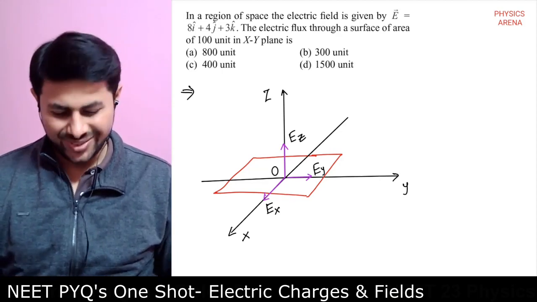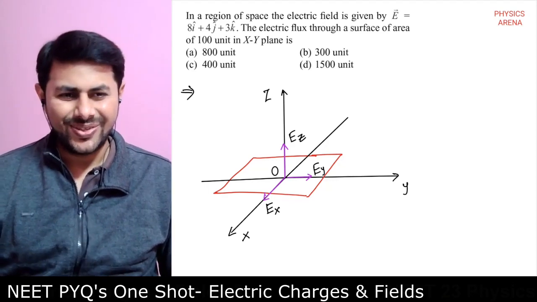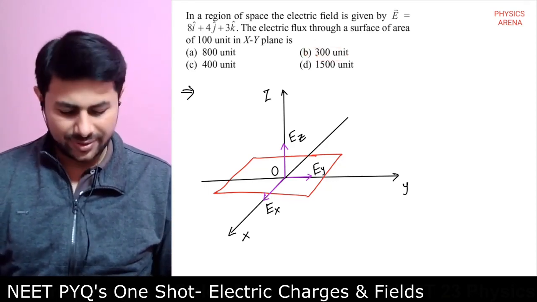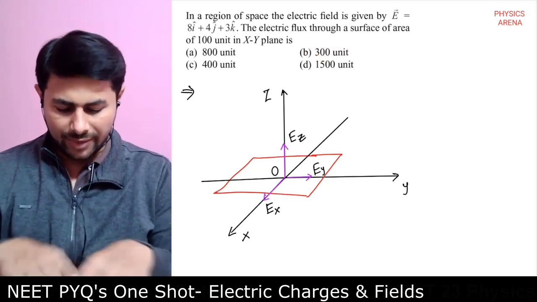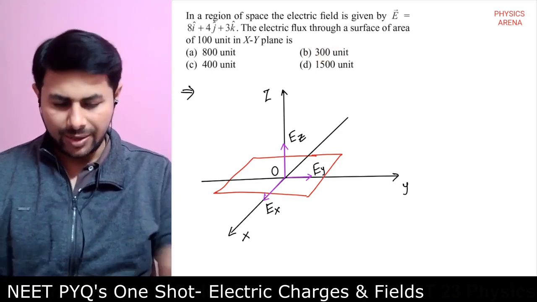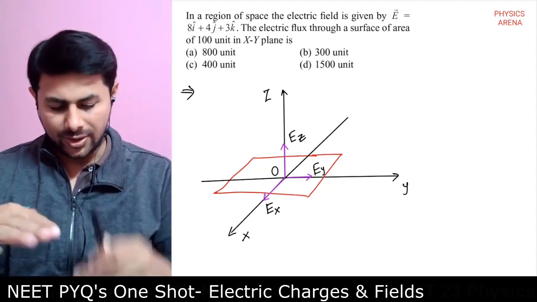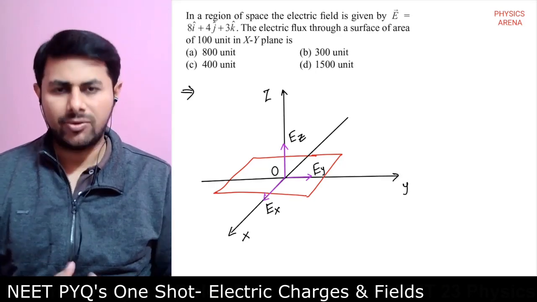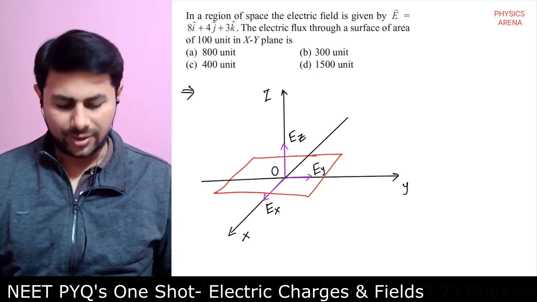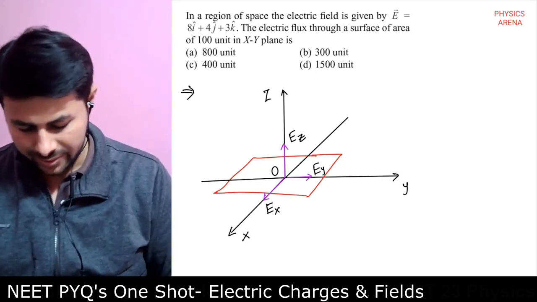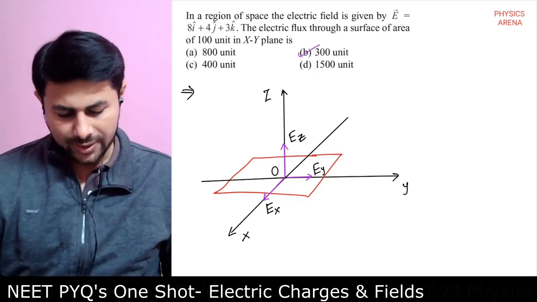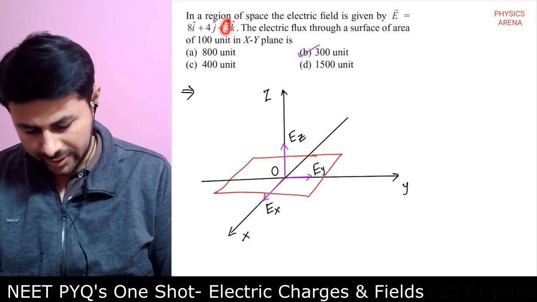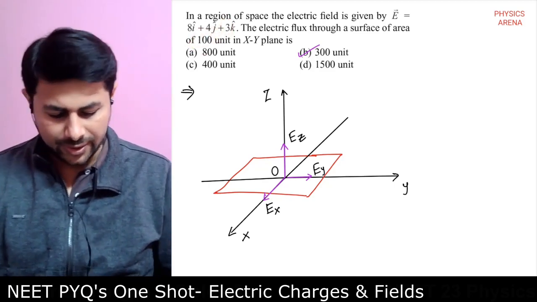Alright, you already answered, that's correct. So area vector is in the xy plane, only the z component of the electric field will cut it. That's why there will be flux due to the z component only. So is the answer 300? Right, the z component is 3, 3 times 100, 300 units.